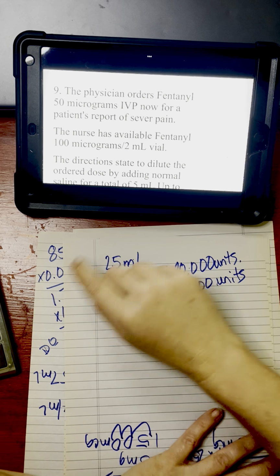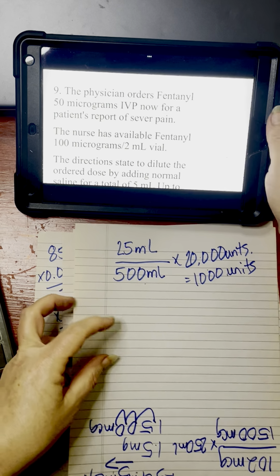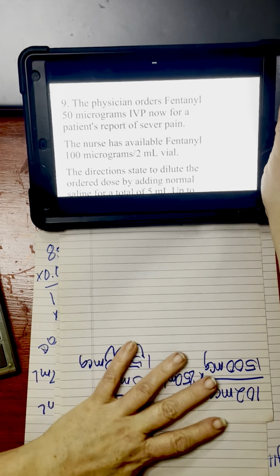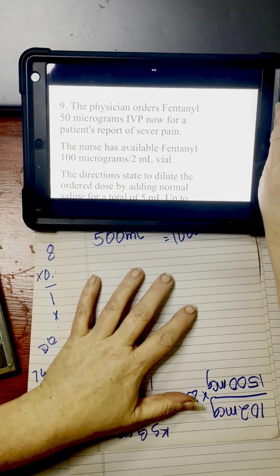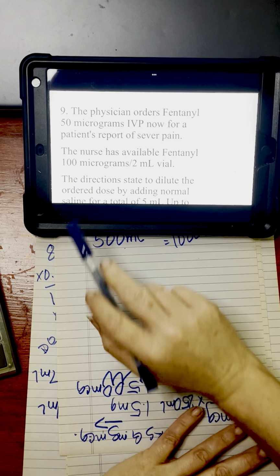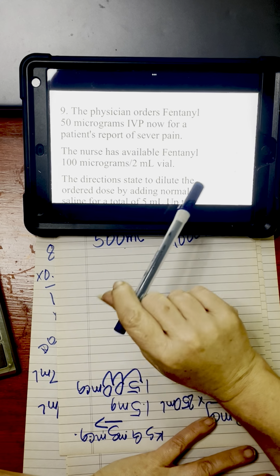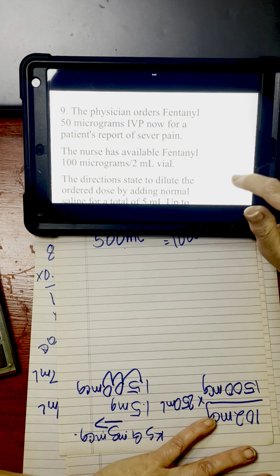The physician has ordered 50 micrograms fentanyl. He ain't playing. IV push now for a patient reporting severe pain. The nurse has available fentanyl, 100 micrograms in a 2 milliliter vial.